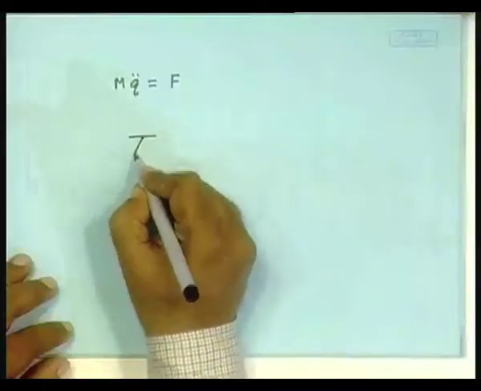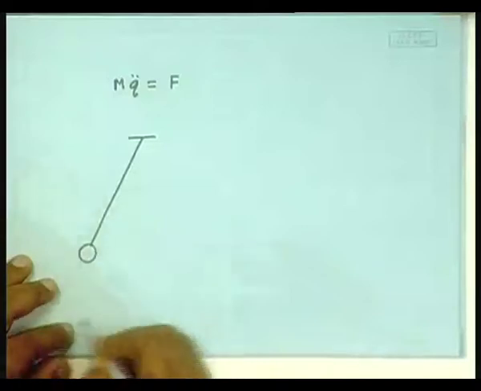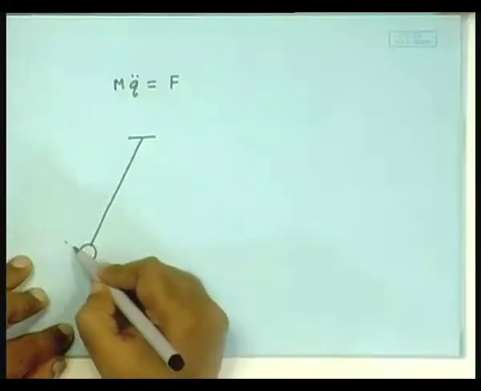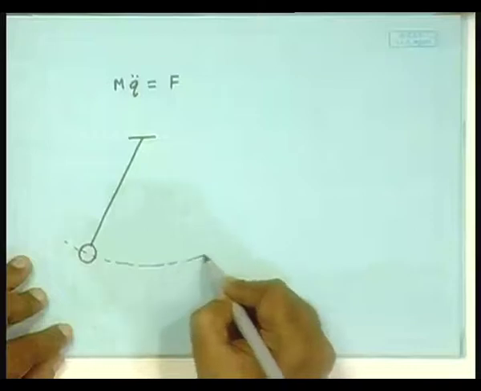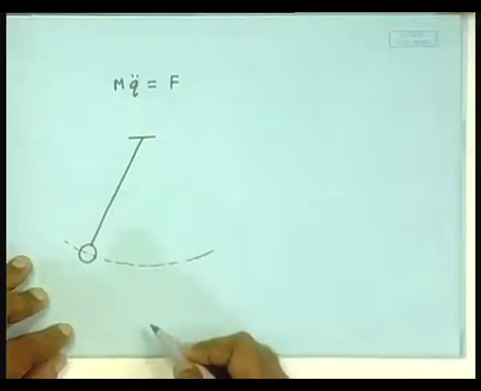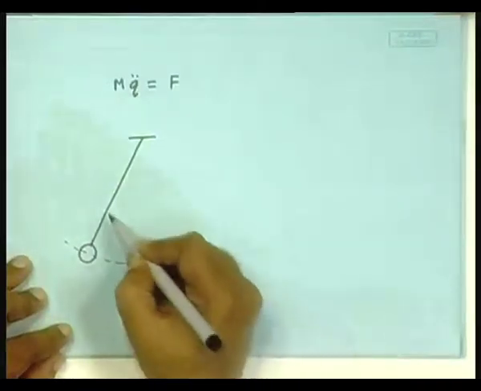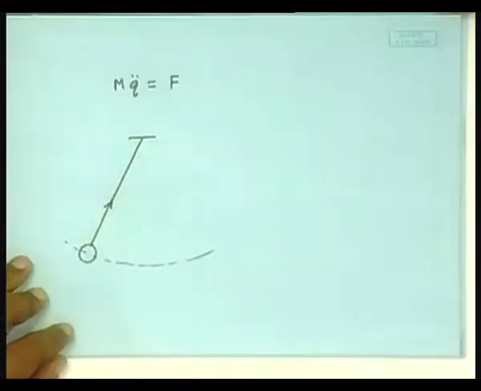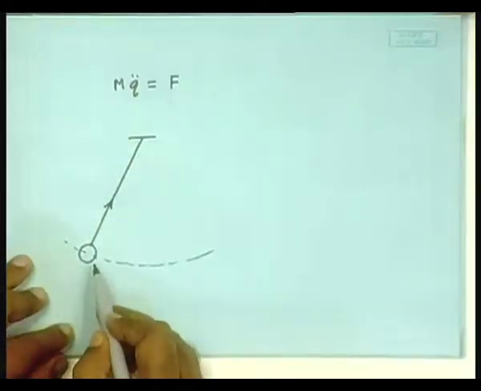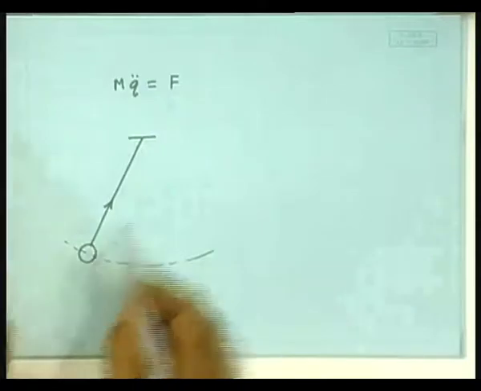So, let us just recapitulate what we said about the constraint forces. Most of the motions of bodies are constrained in some way. As we showed in the example, if you have a pendulum like this, then its bob is constrained to move on the surface of a sphere, and that happens because the constraint applies a force on the body. So, this force then has to be included.